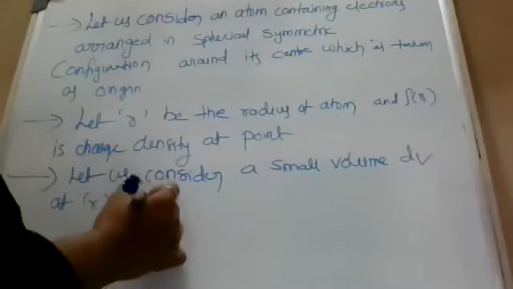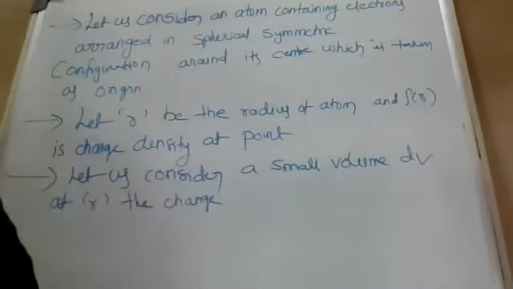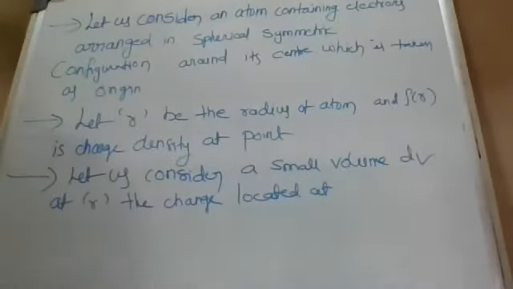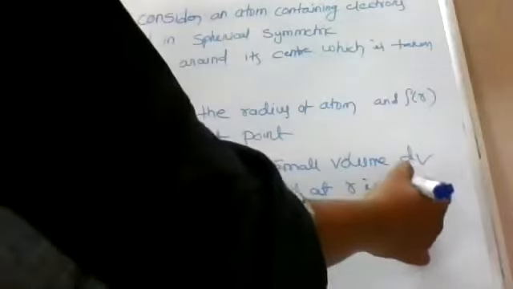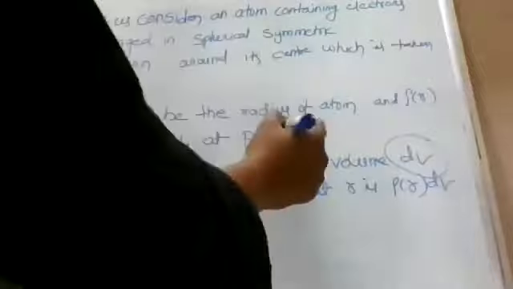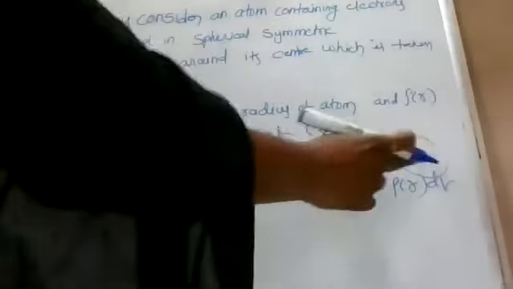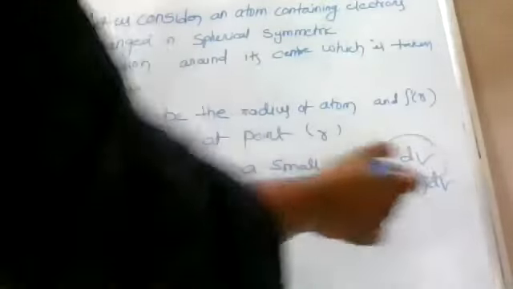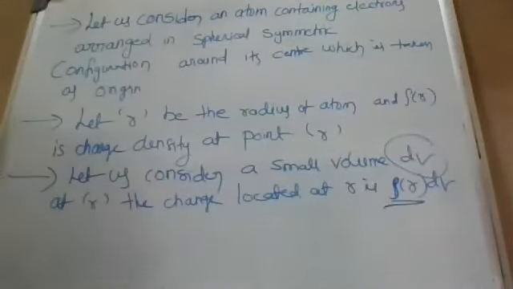The charge located at r is rho of r into dV, that is, charge density times volume.